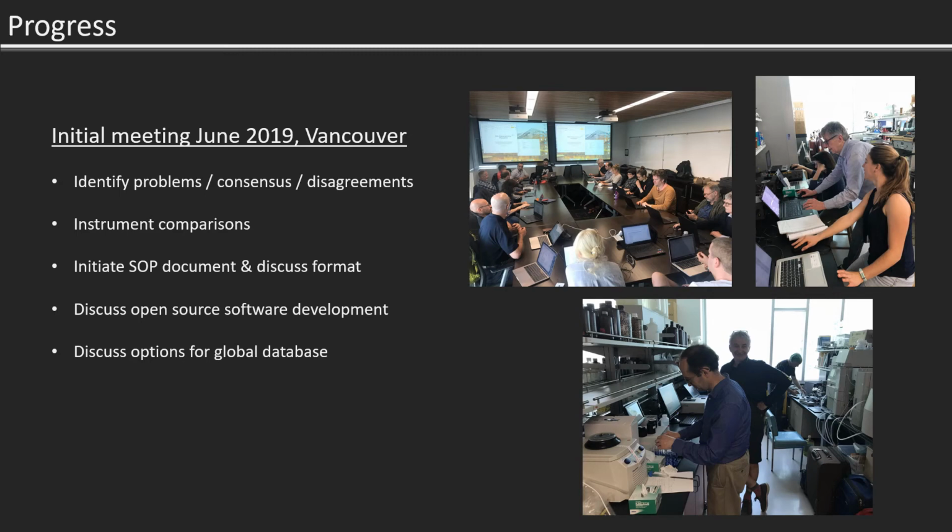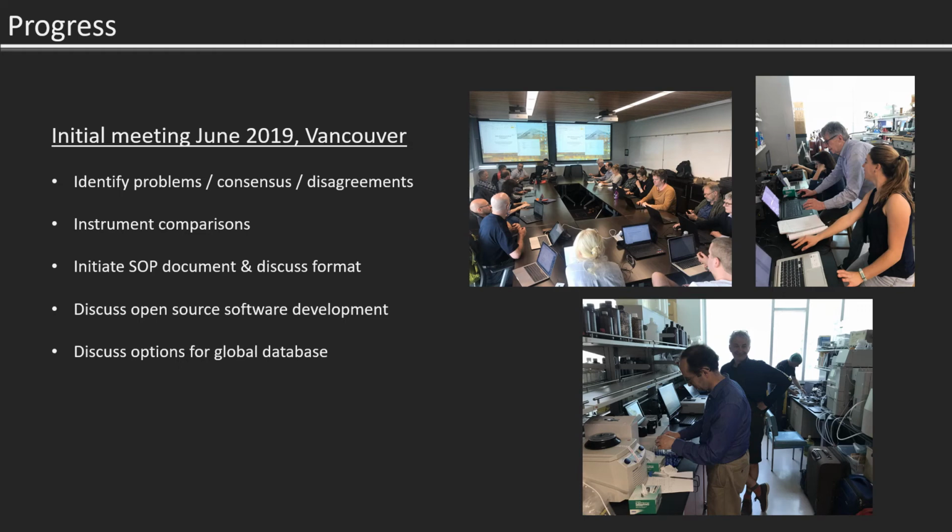Our working group has existed since 2019, and we started off with a big long meeting in Vancouver in June 2019, where we all came together and everybody brought their instruments, and we did a big laboratory intercomparison, which was a lot of fun. We also spent a lot of time just sitting together and identifying the problems that still exist in the field and seeing where we can reach consensus and where the disagreements between different groups lie.